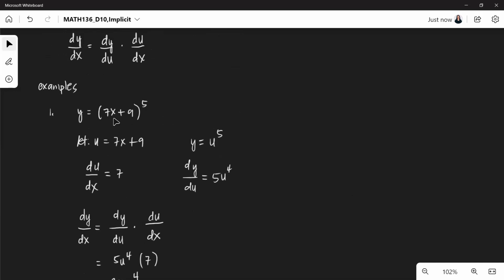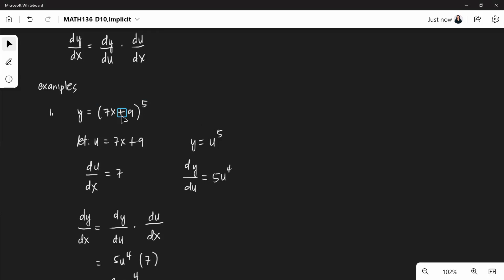So actually we can use the general power rule here. You're actually applying the chain rule when you did the power rule, because after reducing the power by 1, you need to multiply it with the derivative of the base, the derivative of 7x plus 9. So that's why it's called chain rule, because it's sequential.